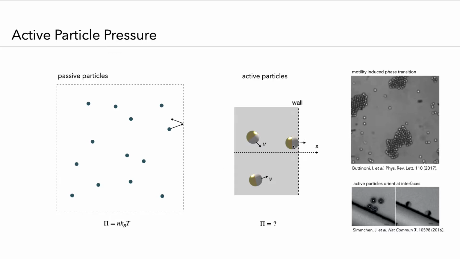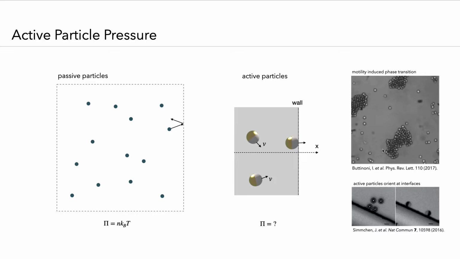So this kind of swim pressure could be actually very important for the generation of these motility-induced phase transitions, where at a certain density and a certain activity of the particles, there is clustering into small droplets or crystals. But it turns out that the measurement of this active particle pressure is not really that easy.